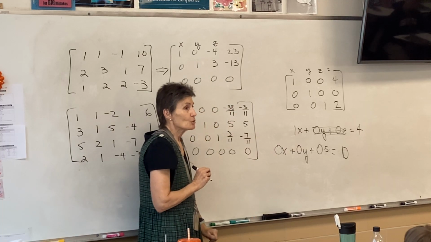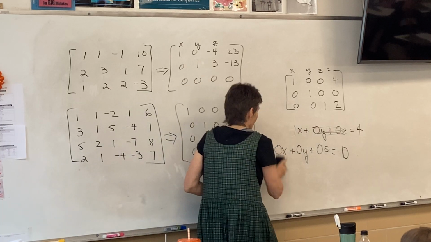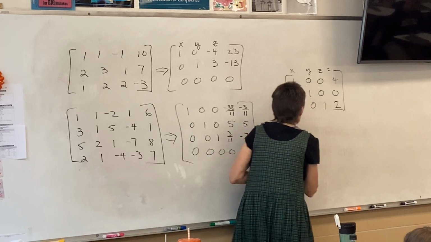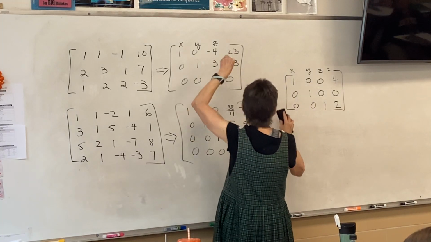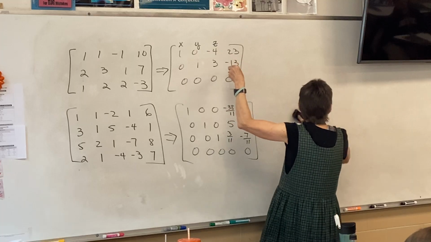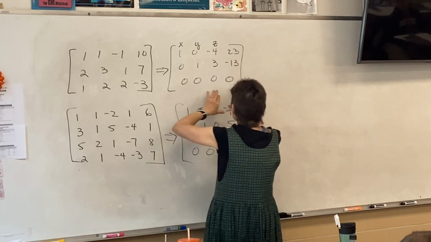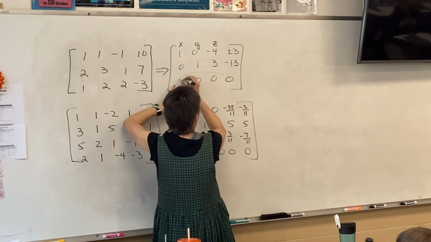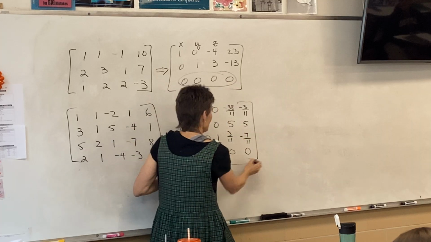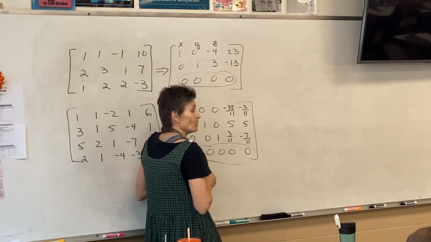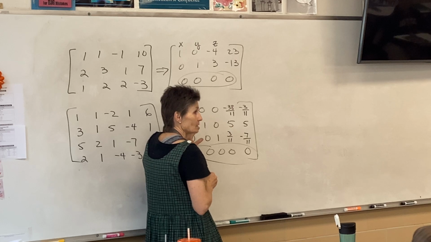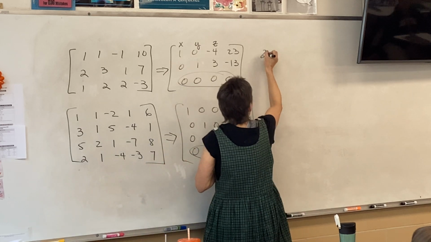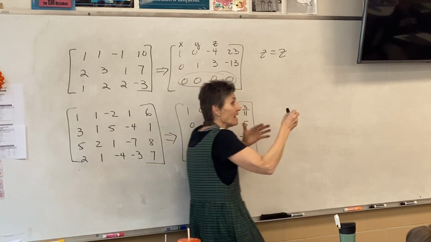Yeah. So how we deal with that is, when you get a whole row of zeros, which, by the way, you also have here, we're going to have to deal with that. When you get a whole row of zeros, you say, literally, Z can be anything.